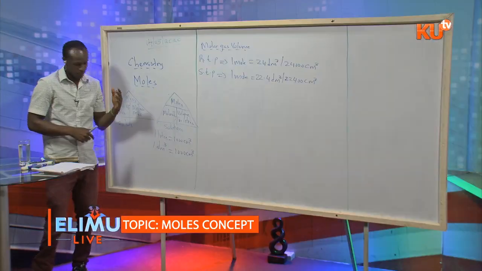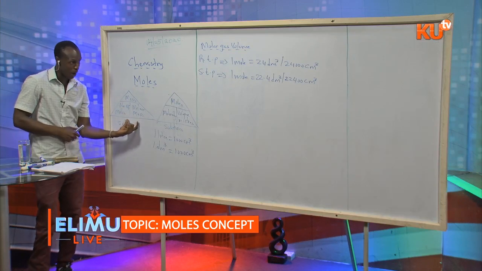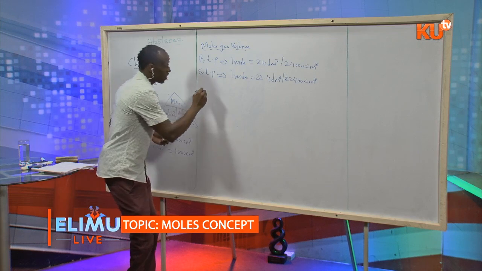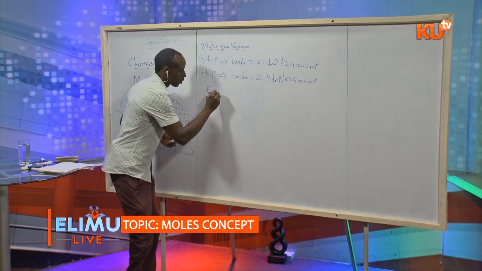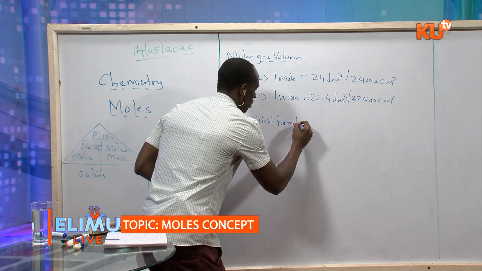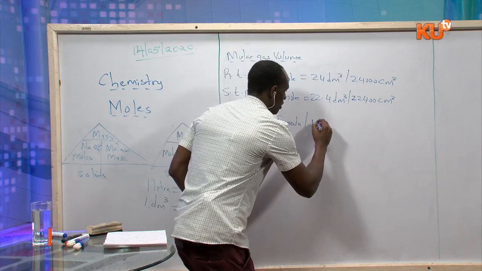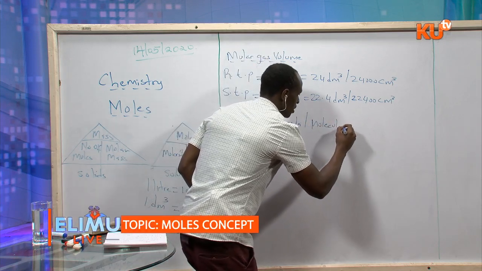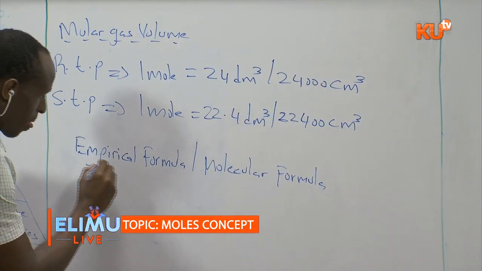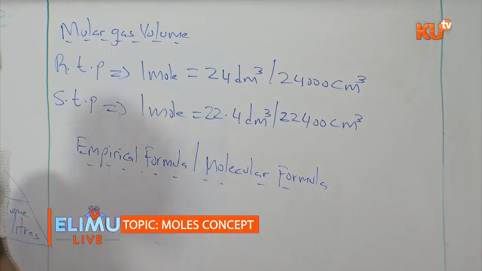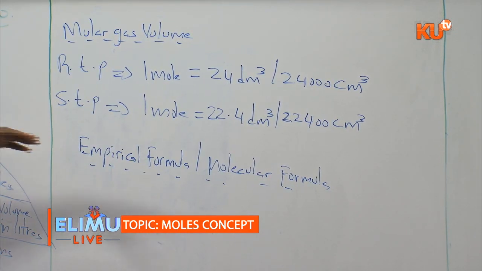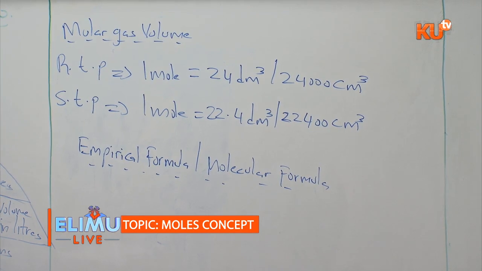So I'll look at the first example where we use these formulas. The first example involves empirical formula and molecular formula. Go back to your definitions so that you can see what the two terms mean, so you can calculate empirical formula and molecular formula using this question.